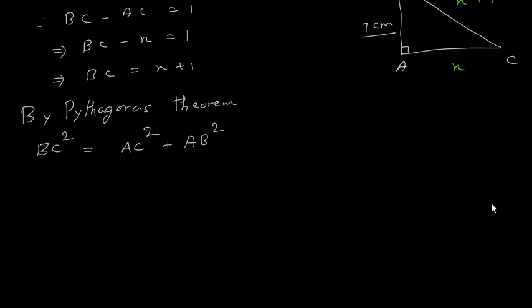Now the value of BC is x plus 1, so I have (x plus 1) square equals AC square, which is x square, plus 7 square. Now (x plus 1) the whole square is x square plus 2x plus 1, equals x square plus 7 square, 7 7s are 49.